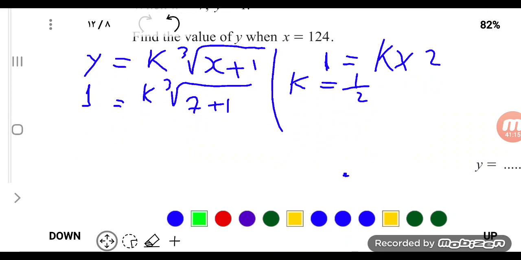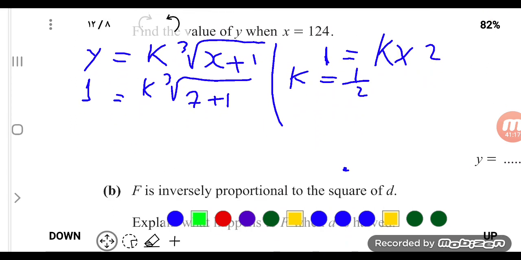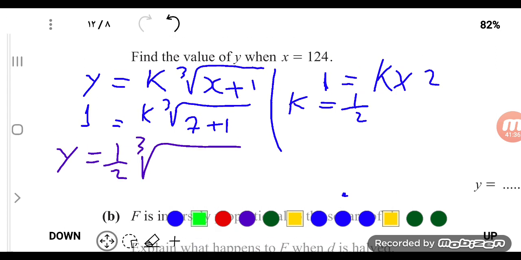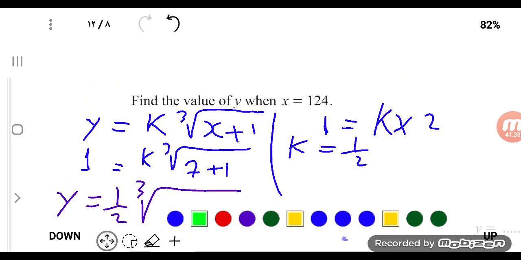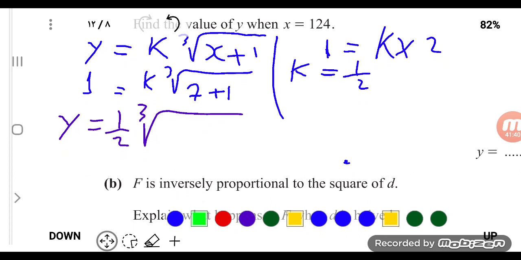Now after finding k, plug it in the original equation. So let's plug k in the original equation. Y equals half cube root of x plus 1. But we are given x here. X is 124.